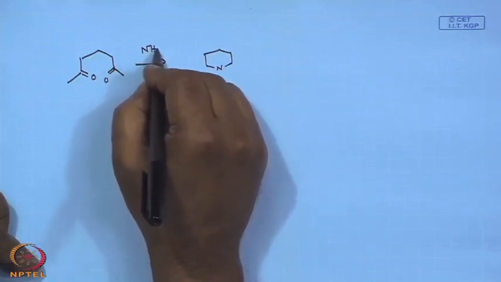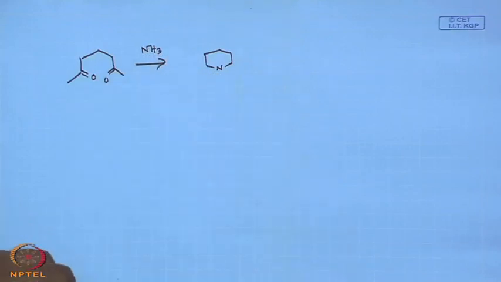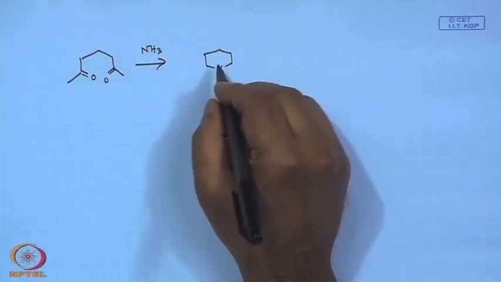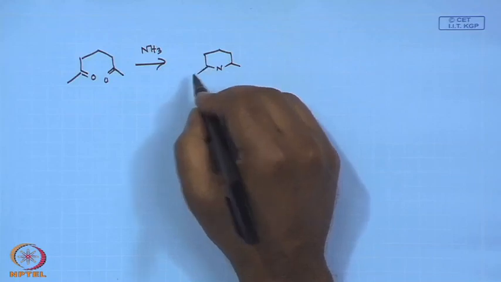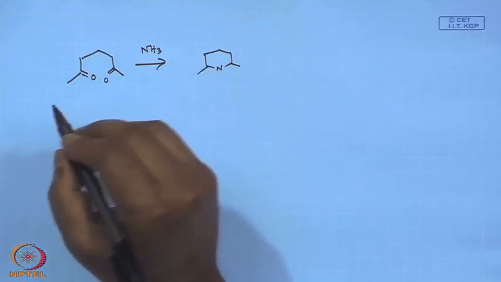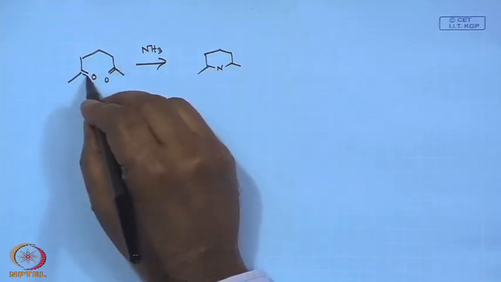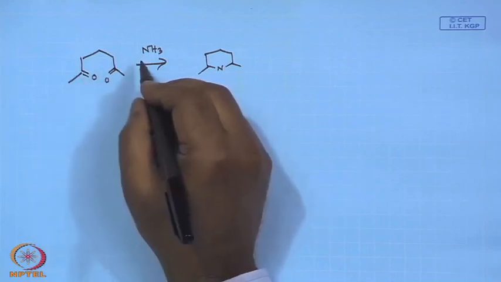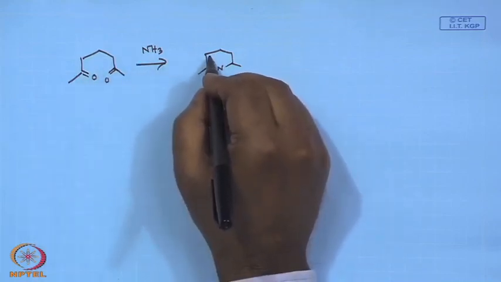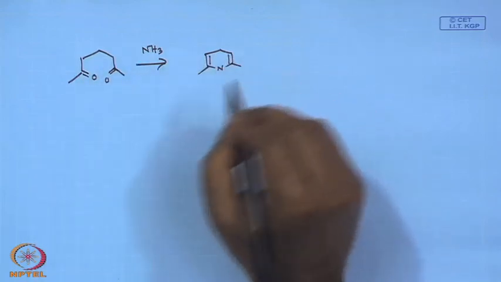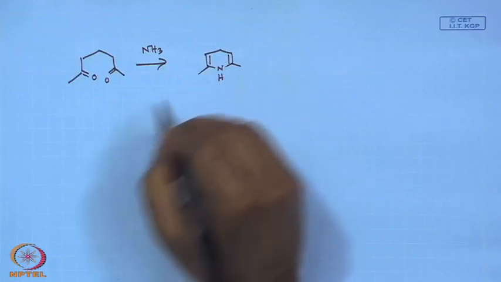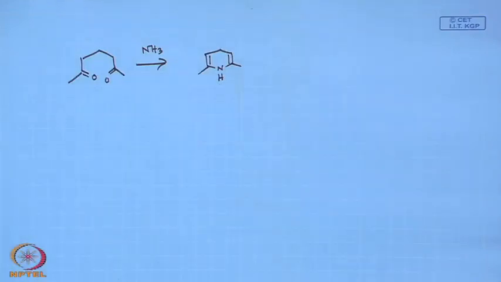So, what you have to do? You have to simply add ammonia, nothing else, and what do you get? In this case, if you just do the Schiff base formation on one end, then the other side, then isomerize, I think I do not have to explain to you, you are all good now. Okay. So, you will get actually 1,4-dihydropyridine.